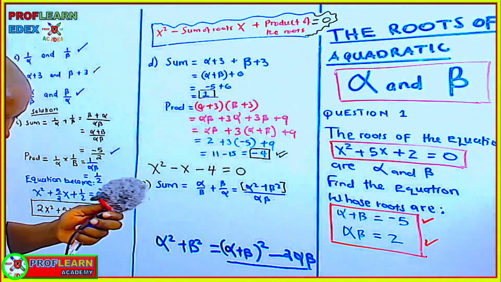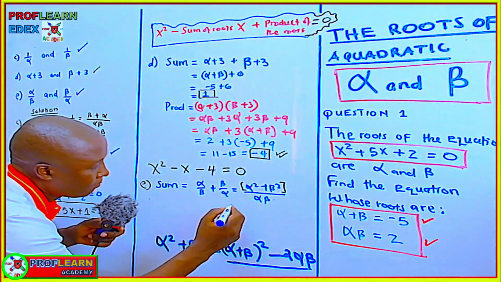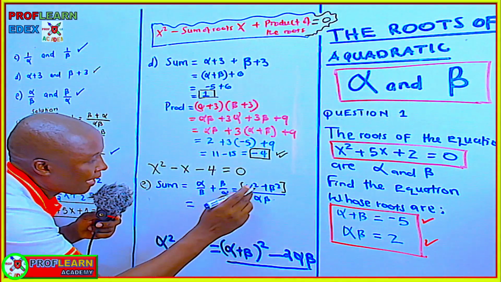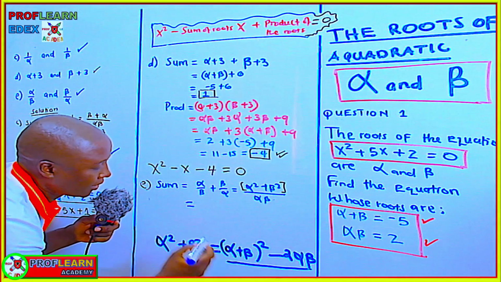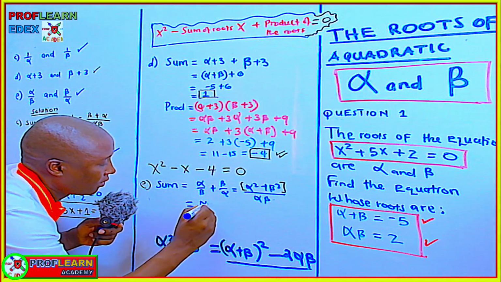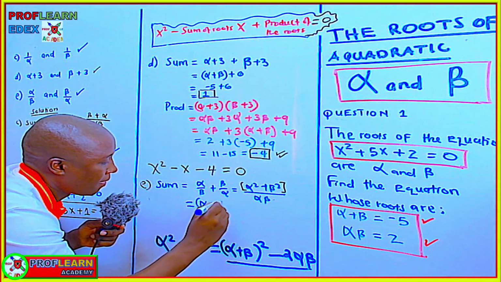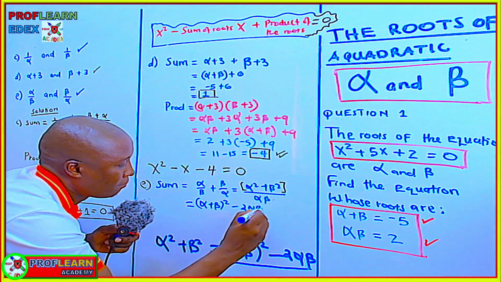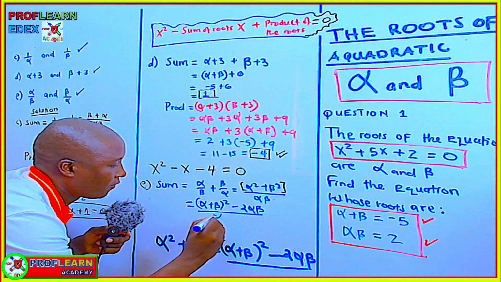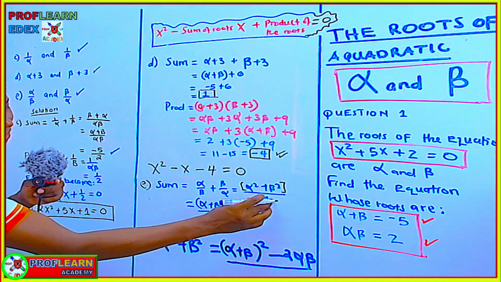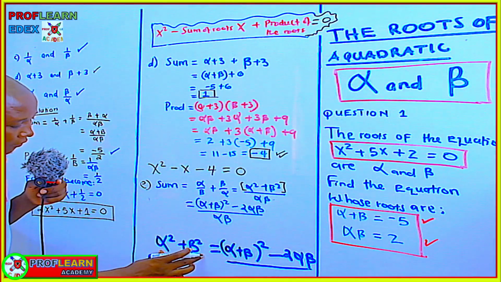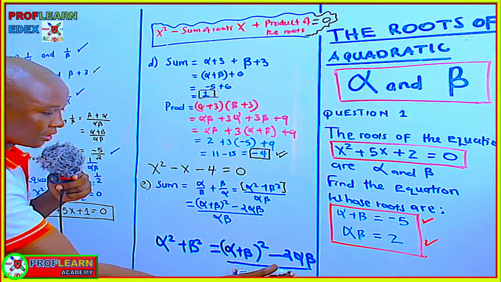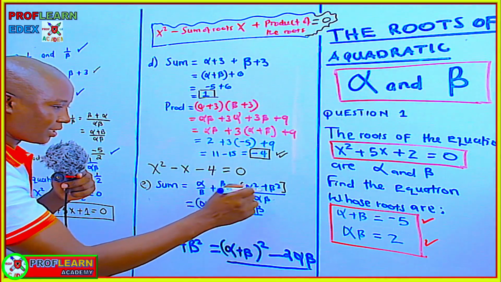So I can say that my sum can be written as alpha squared plus beta squared, which can be replaced with this, and that will be alpha plus beta squared minus 2 alpha beta, over alpha beta. So alpha squared plus beta squared can be replaced with this thing. That's what I've replaced here.